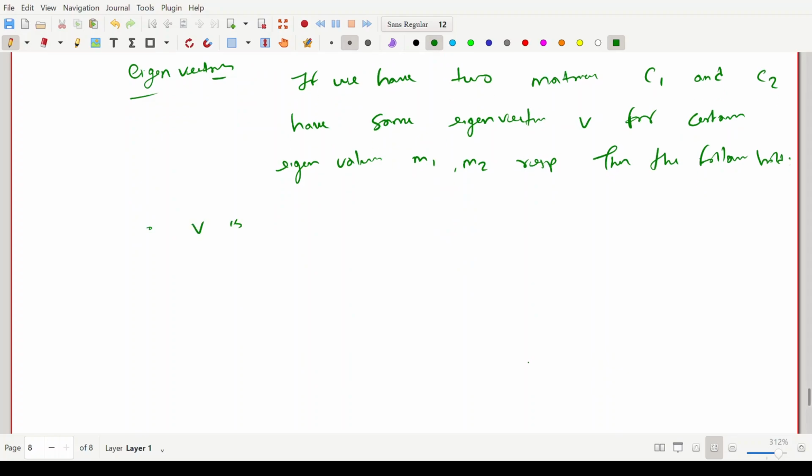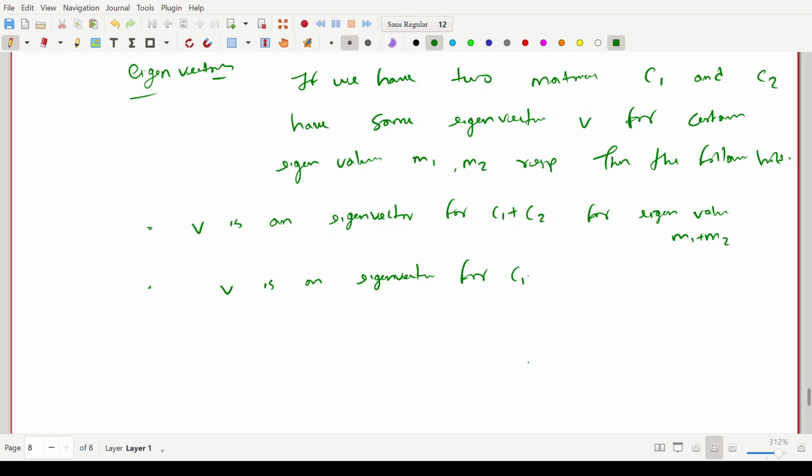This V is an eigenvector for C1 plus C2 for eigenvalue m1 plus m2. That means the same eigenvector works for the eigenvalue m1 plus m2, and V is an eigenvector for C1 C2 for eigenvalue m1 m2.